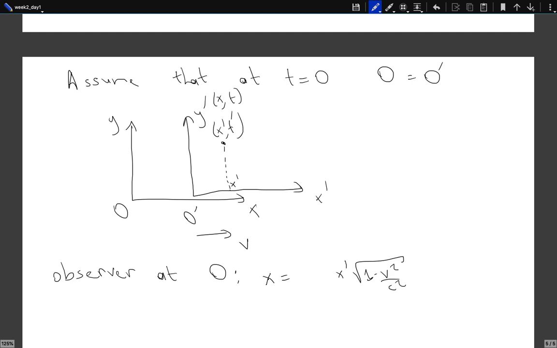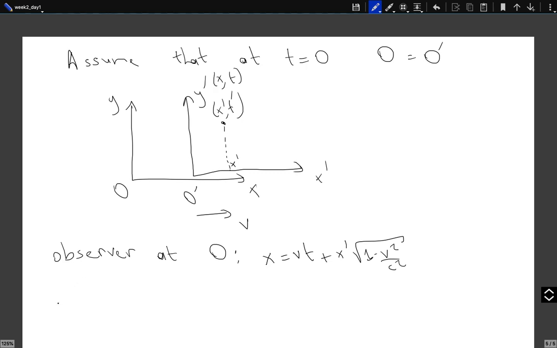And he will say that it's moving with a speed v for a time t. It should be v times t plus this distance, the distance of x prime from O prime, but he knows that the observer in O prime had measured it to be x prime. So in the O prime reference frame, that distance is x prime. But that means that in his reference frame, that length should be contracted by this factor. So this is the distance. So x should have this form.